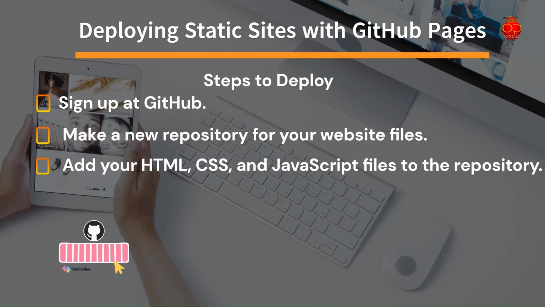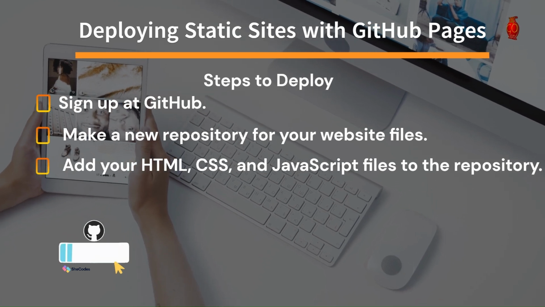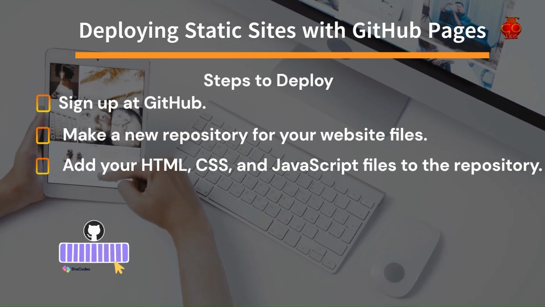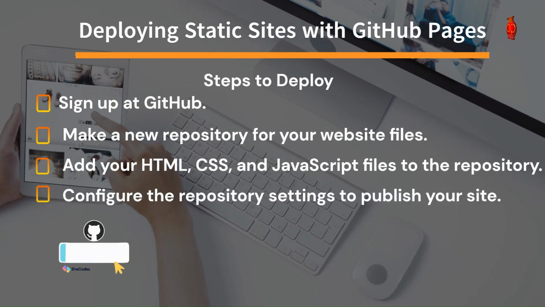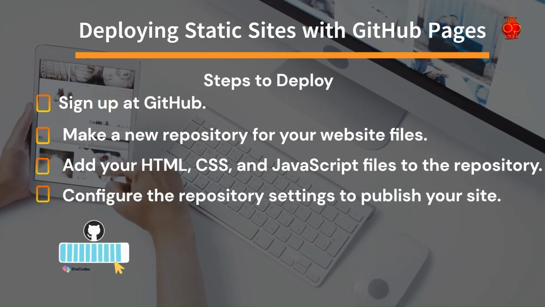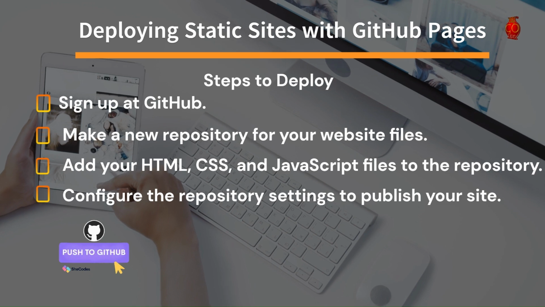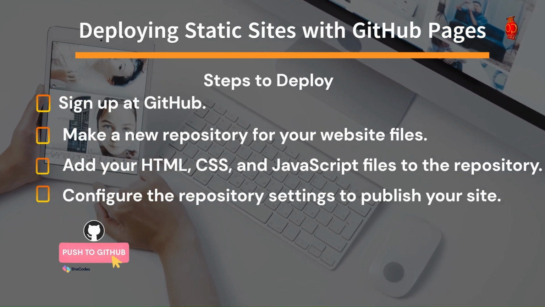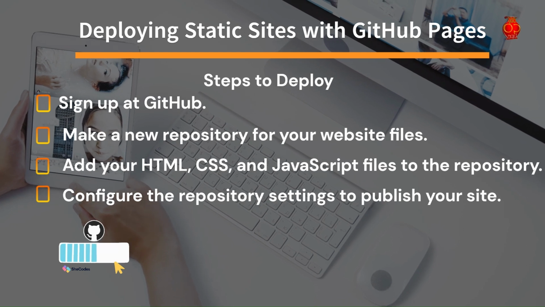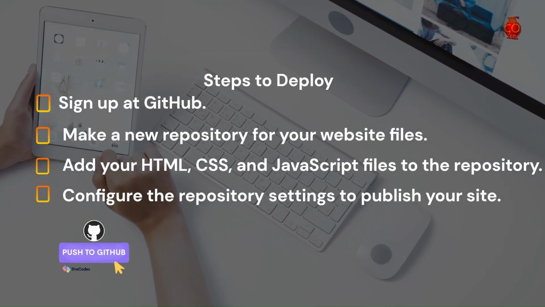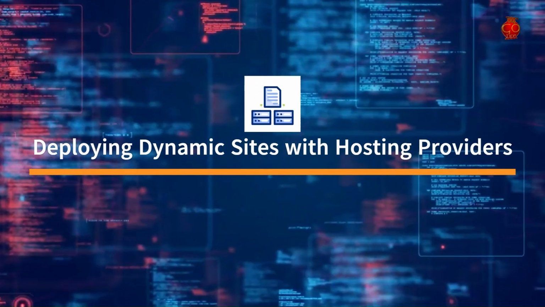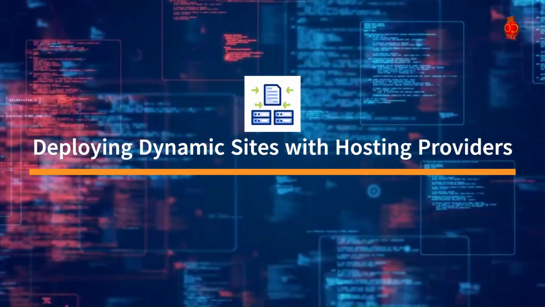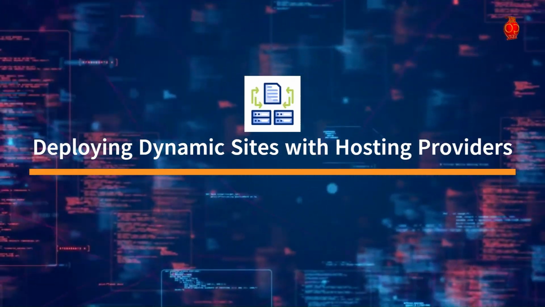Add your HTML, CSS, and JavaScript files to the repository. Enable GitHub Pages. Go to your repository settings and select the branch to publish from. Your site will be available at https://username.github.io/repository-name.